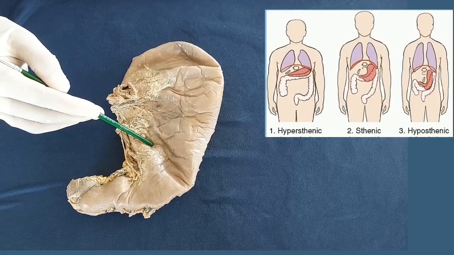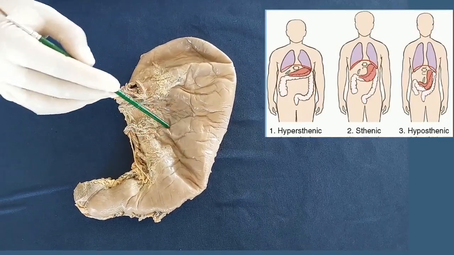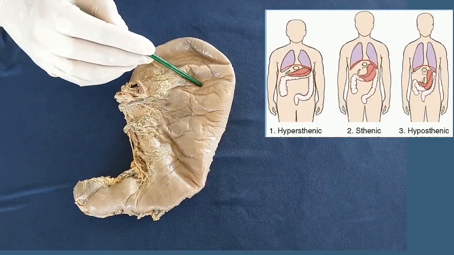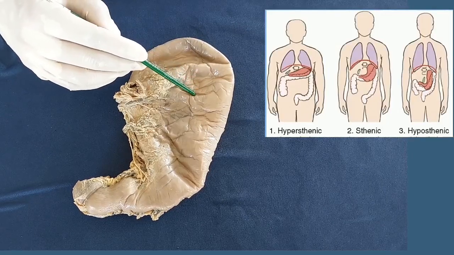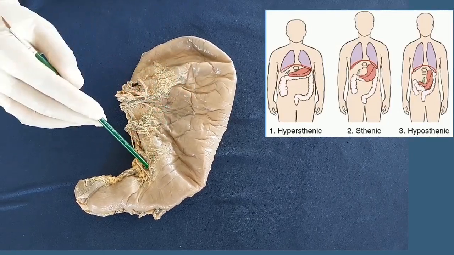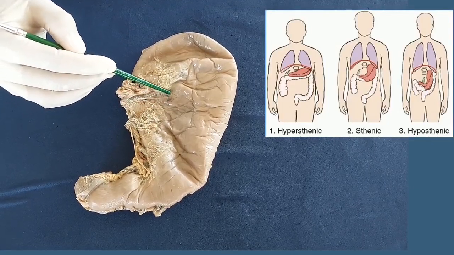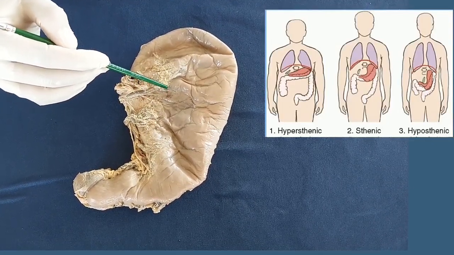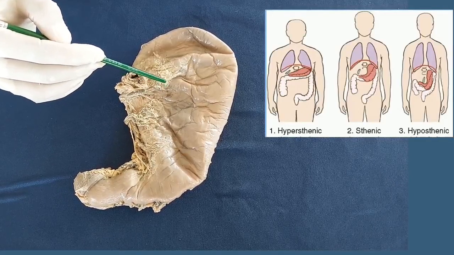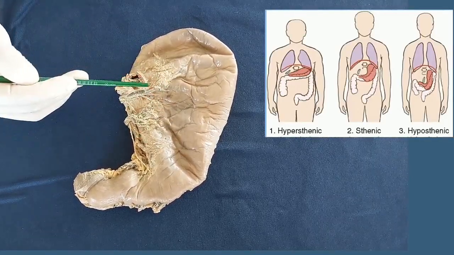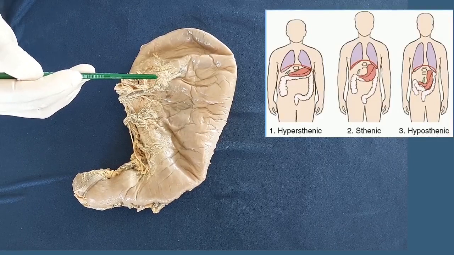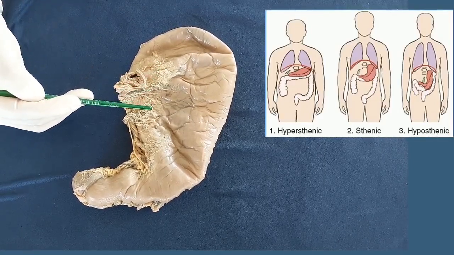Next, hypersthenic type in which the J is very oblique, and these people are more prone to suffer from duodenal ulcer. And the third type is hyposthenic or the asthenic type where the J is mostly vertical, and these people are more prone to suffer from gastric ulcer.